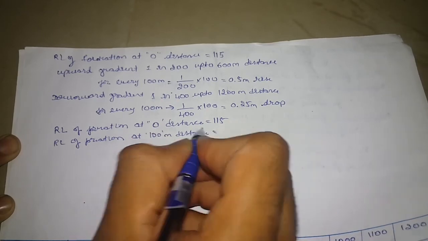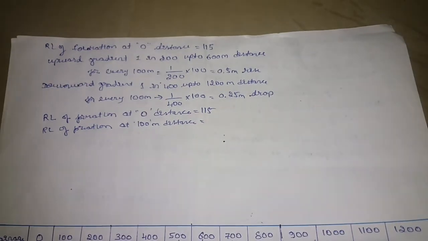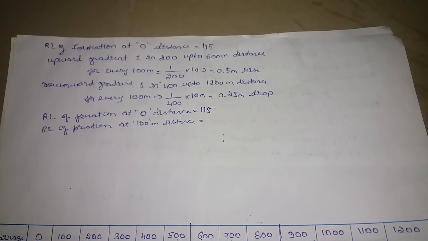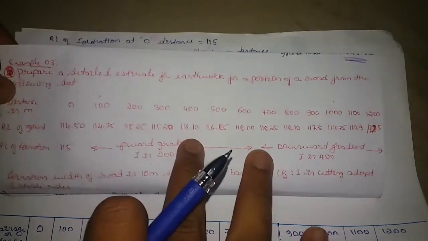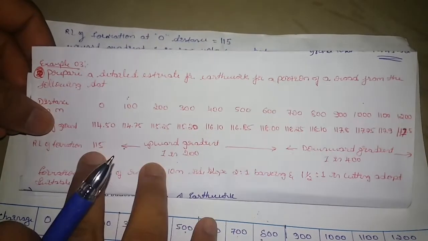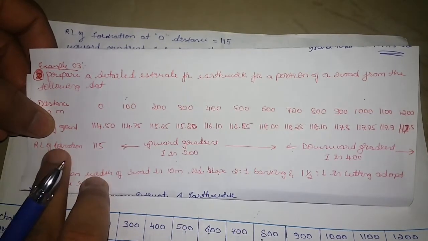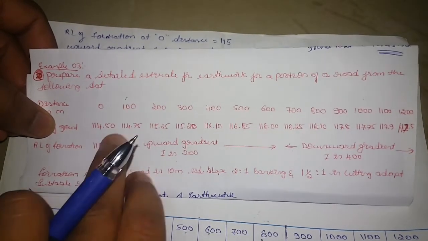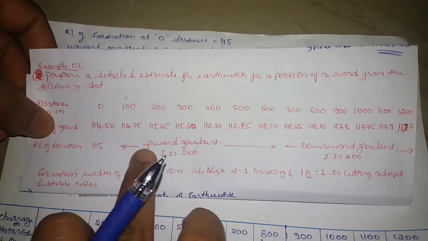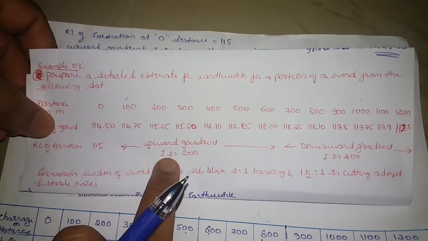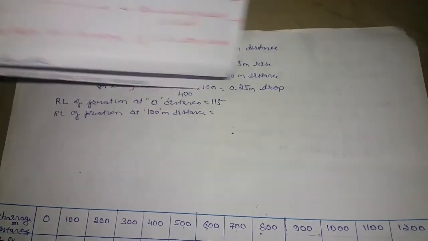For that, just see the question. How can we conclude whether it is a drop or a rise? It is clearly shown in the question. See here, the RL of formation at 0 is 115, and from 100 up to 600 it is an upward gradient. So however much rise is taking place, that much we need to go on adding.